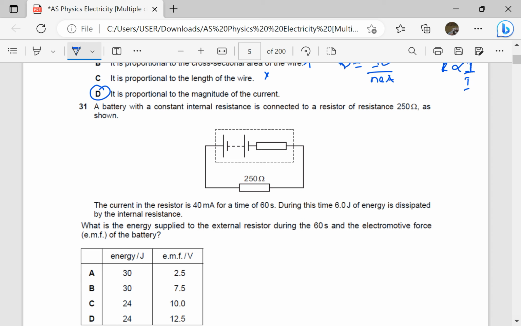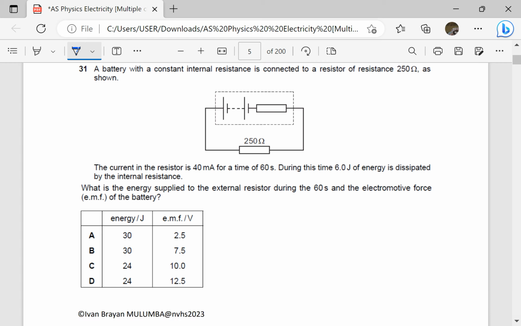A battery with a constant internal resistance is connected to a resistor of resistance 250 ohms as shown in the figure there. The current in the resistor is 40 milliamperes for a time of 60 seconds. During this time, 6 joules of energy is dissipated by the internal resistance.